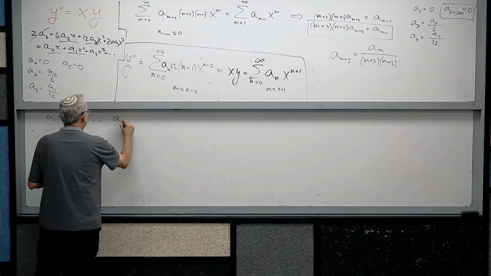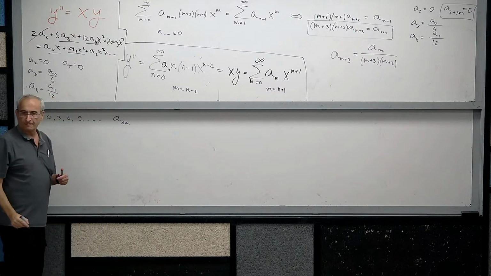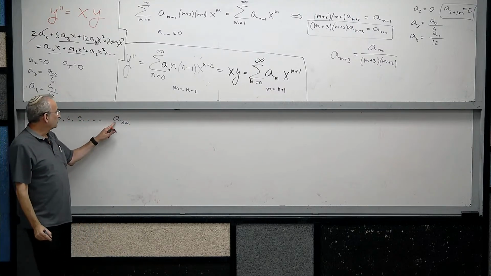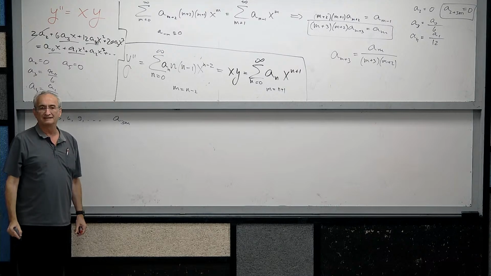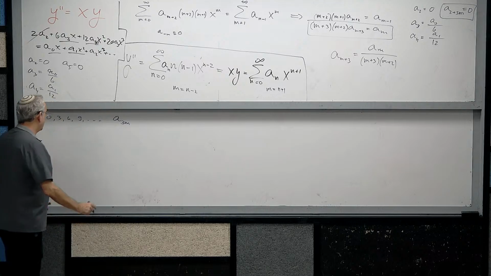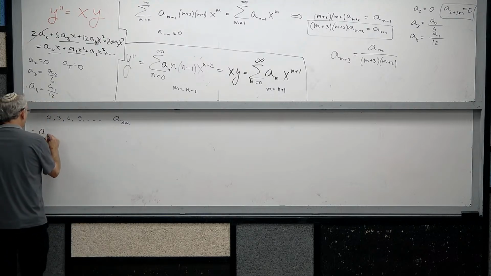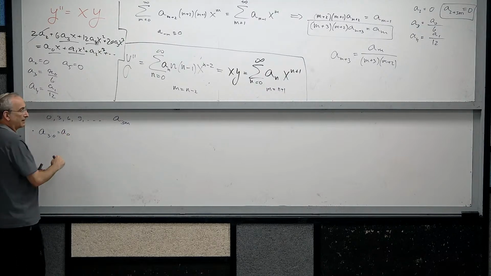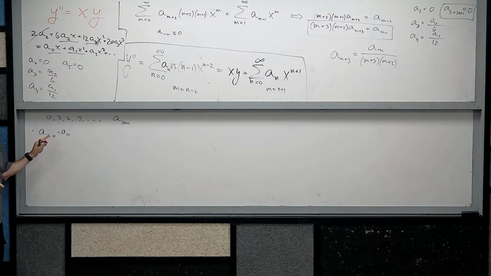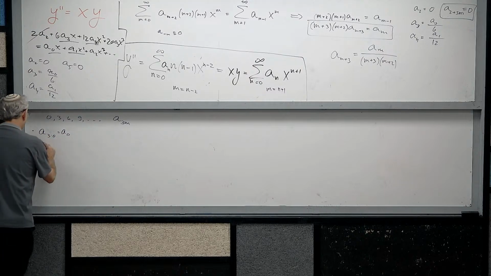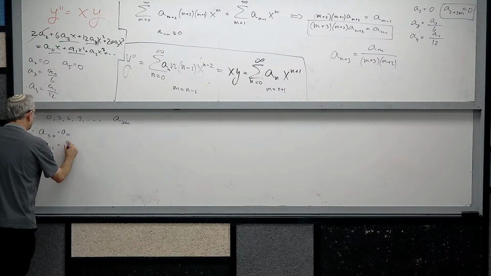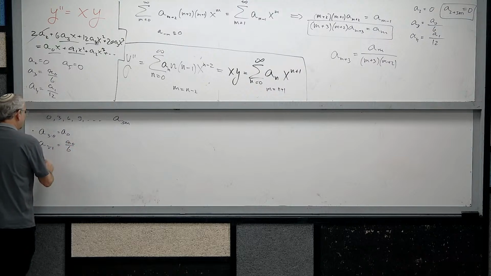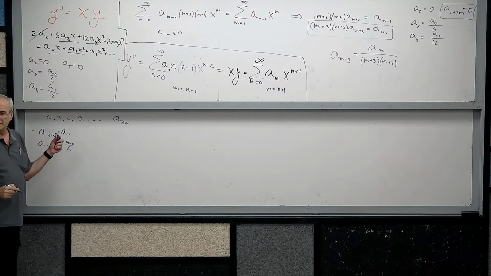So A3m. I would like to develop a formula for A3m. What I already know is that for m equals 0, A3 times 0 is A0. This is an arbitrary parameter, right? And A3 times 1 is A0 over 6. And then the question is, what will be the next, and so on.